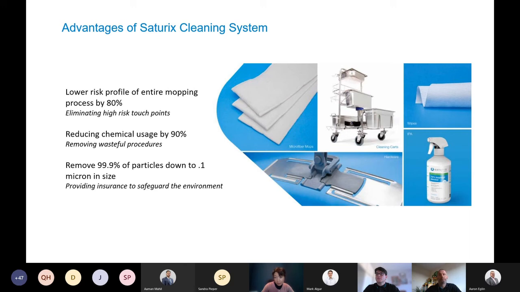All the handles and frames are autoclavable as well. One big benefit for our system is that if you look at the picture here, the cleaning line is very simple, very clean. There are no hard corners, just rounded corners, making it extremely easy to clean, to rinse, and disinfect.